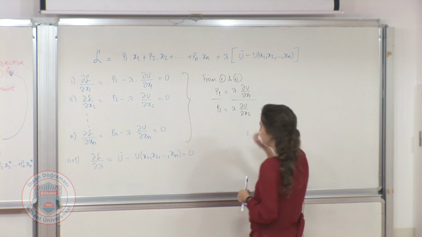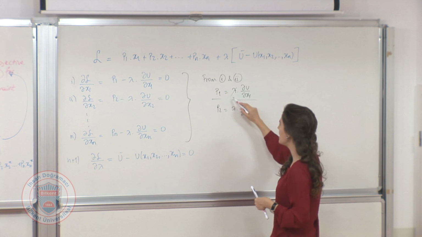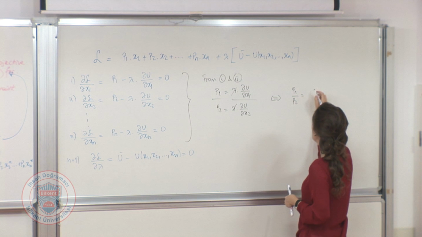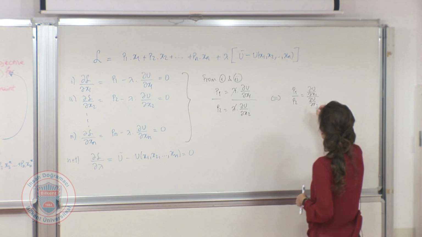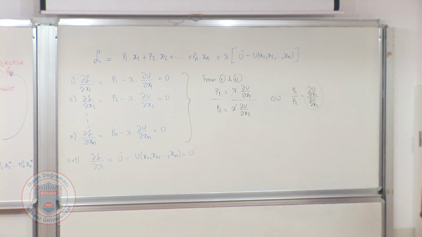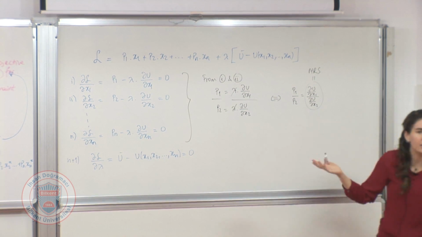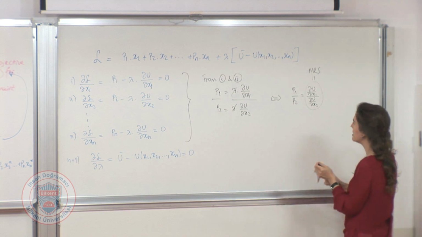When I take the ratios of these, the lambdas cancel out and I'm left with p1 over p2 equals del u over del x1 divided by del u over del x2, which is nothing but, the ratio of the marginal utilities, the MRS, the marginal rate of substitution. So you see, this is exactly the same first order condition that we have gotten before.